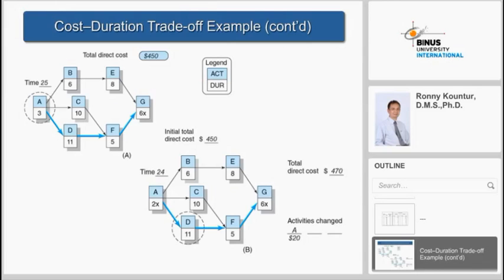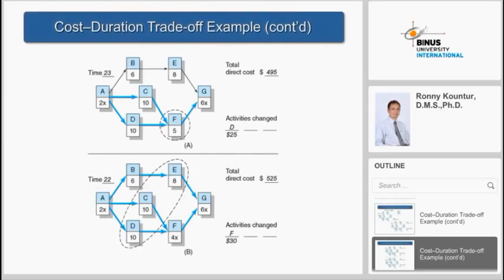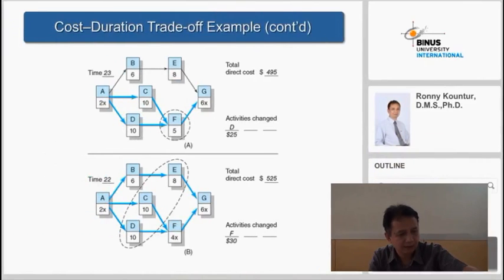Okay. Next, after reducing activity A, let's see in the critical path which activity has the lowest slope after A. If you see in the table before, after A, which is 20, the next smallest is D, which is 25.